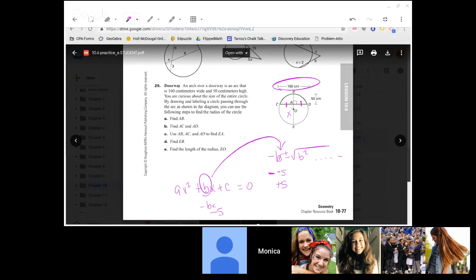Charlotte Ann, that's not right for number 19. So Lily, do you need help with D?